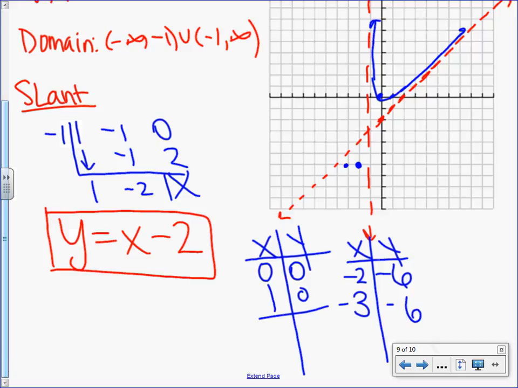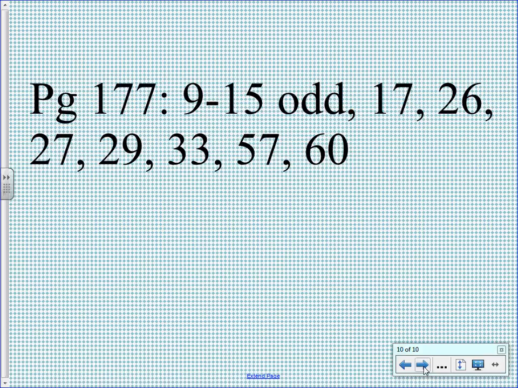Okay. We should have some symmetry in these graphs. Do you agree? So there's our graph. Can you see why I don't want you to worry about the range? Oh my goodness. There's your homework.